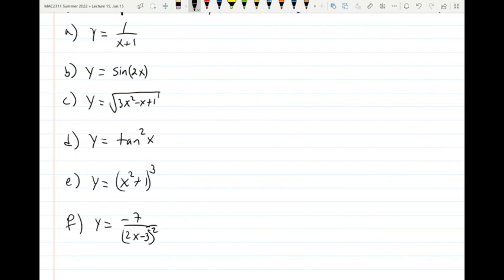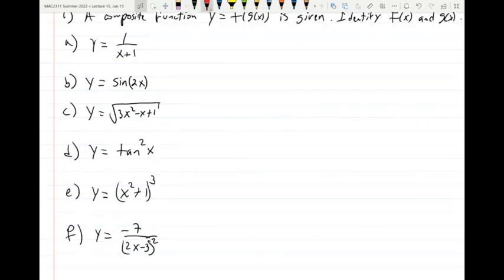Okay, so here we have, how many? 6. Here we have 6 functions. Let's decompose. Okay, so let's find f of x. And let's find g of x.